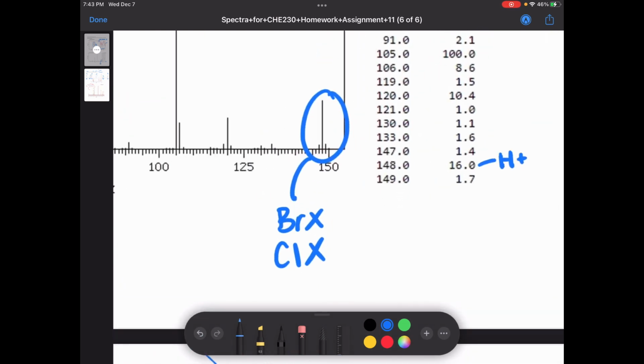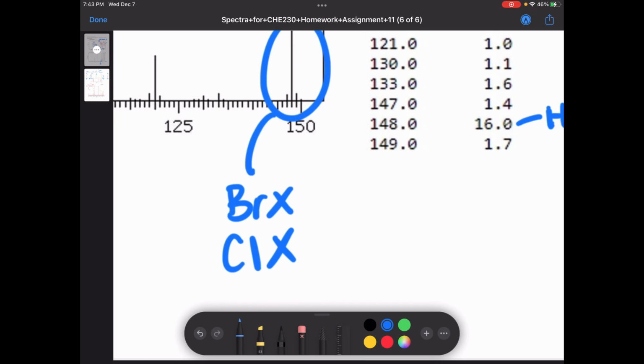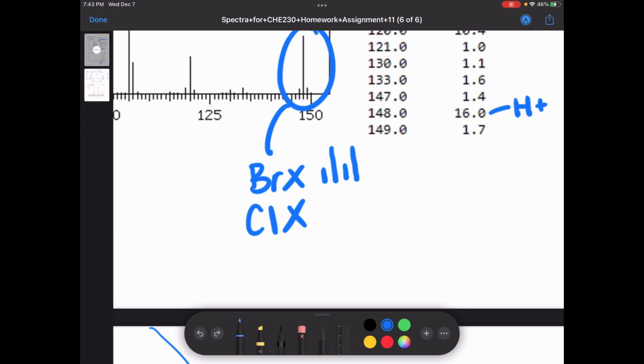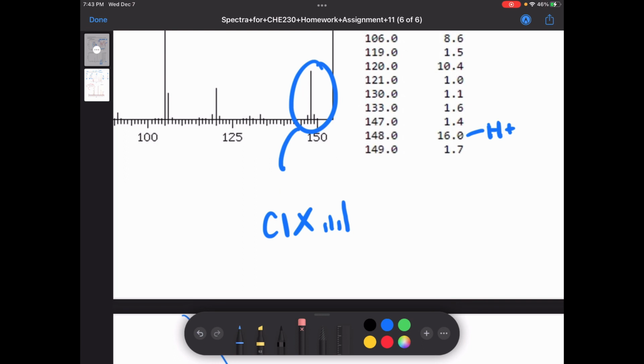So we're going to assume there's no halogen, because if it was bromine, it would be little, tall, roughly same length here for these four right here. And if it was chlorine, it would look something to the effect of like this. You have little, tall, little, really tall. We don't have any of that happening, so we can assume that there are no halogens. So I'm just going to go ahead and start by saying that.